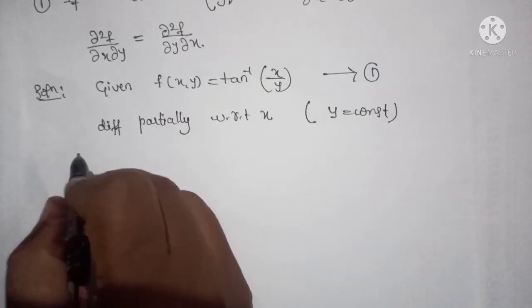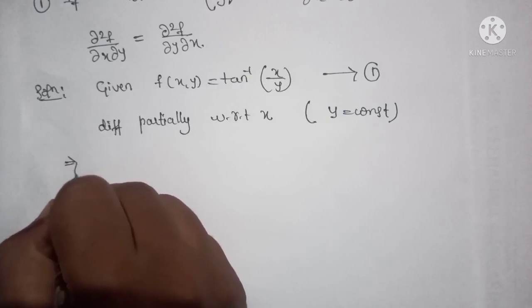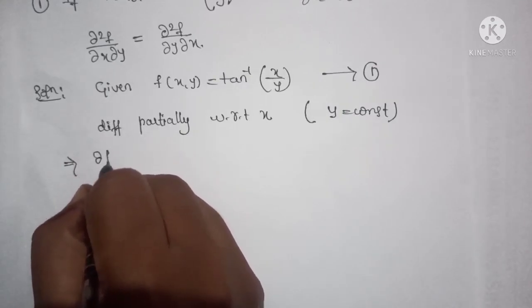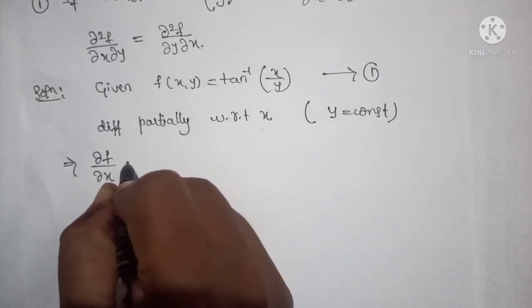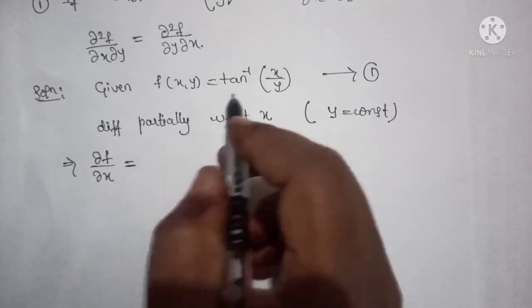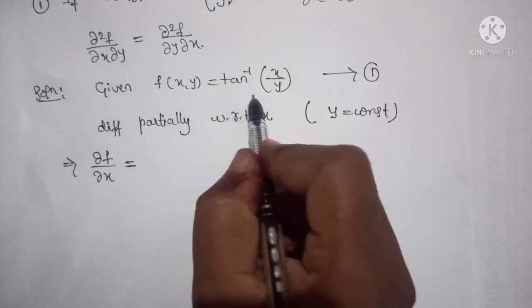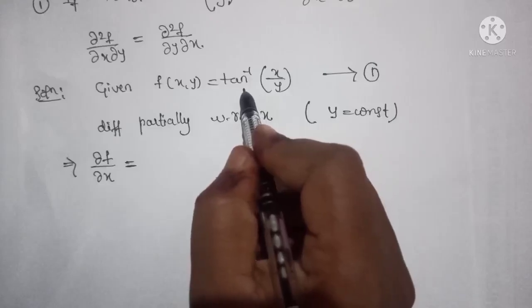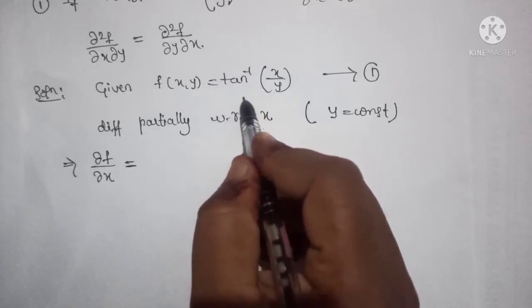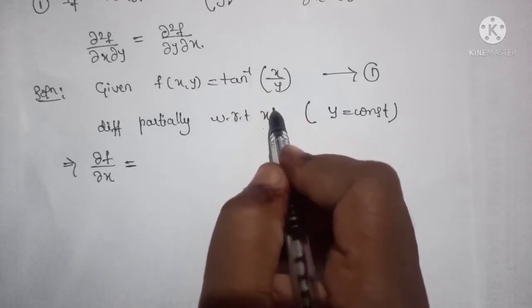Now the partial differentiation representation is ∂f/∂x. It is equal to, see here it is a composite function, that is tan inverse of x by y. So first we need to write the differentiation of this tan inverse, then x by y differentiation.